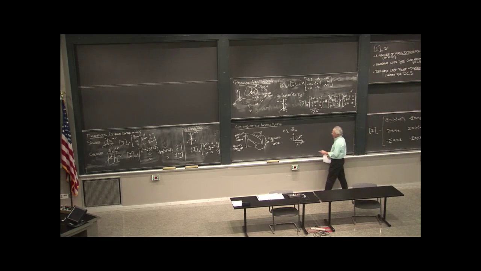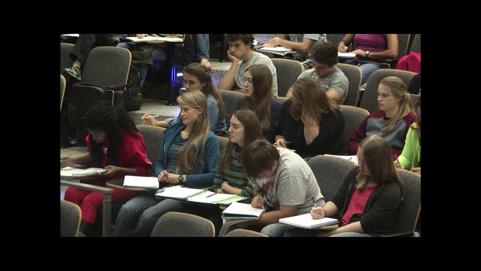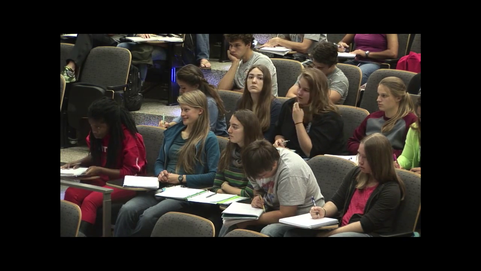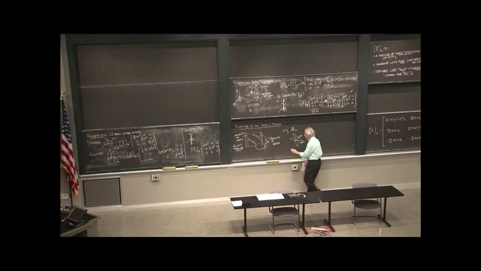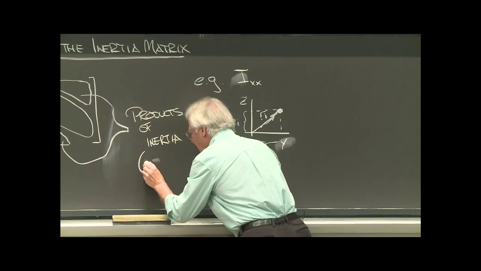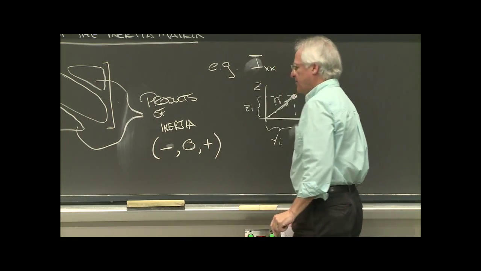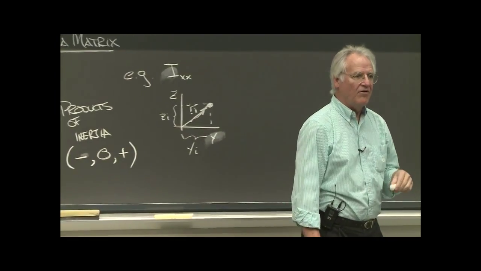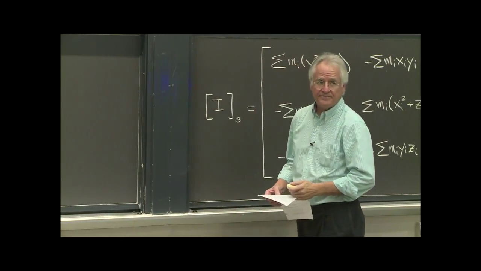The products of inertia, how about it, Robin? Tell me about the products of inertia, these guys. Positive, negative, zero? Depends. Can be anything. The products of inertia can be negative, zero, or positive, depending upon the situation.